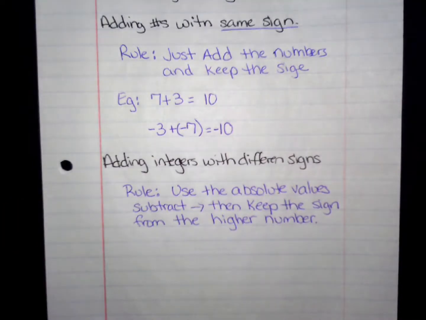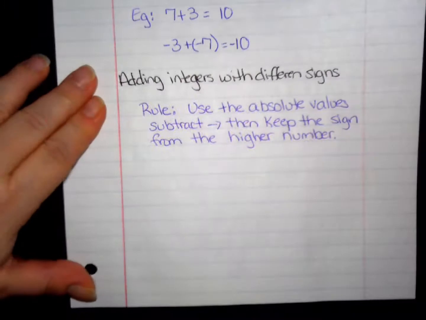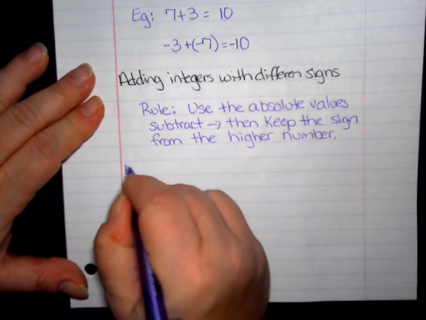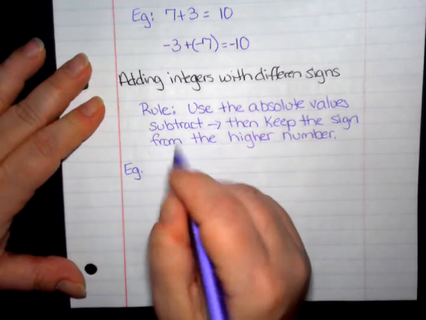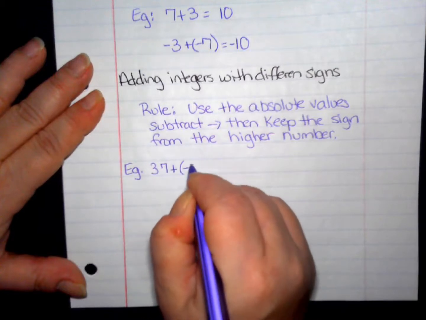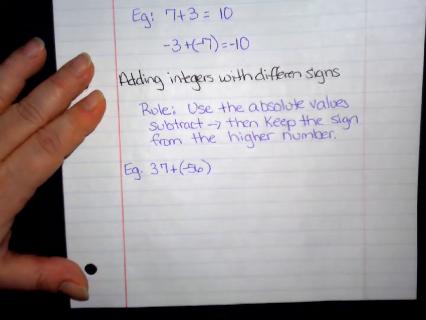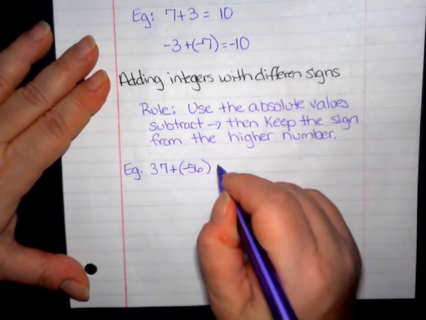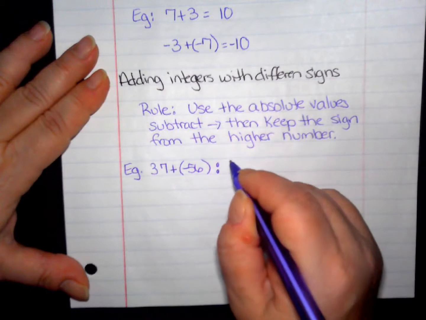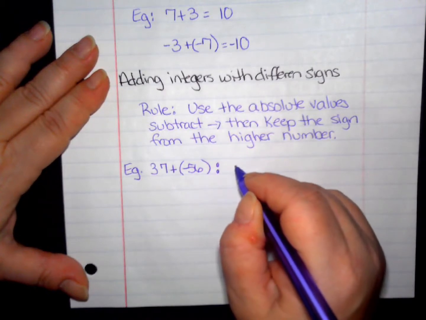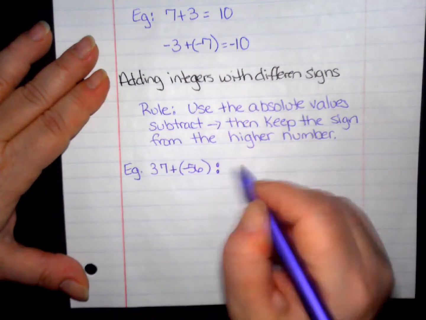Okay? All right, so what does that look like? Let's take a look at an example. I'm gonna use a really big example this time. Example: 37 plus negative 56. Well, I know the absolute value of 37 is 37, and I know the absolute value of negative 56 is 56.